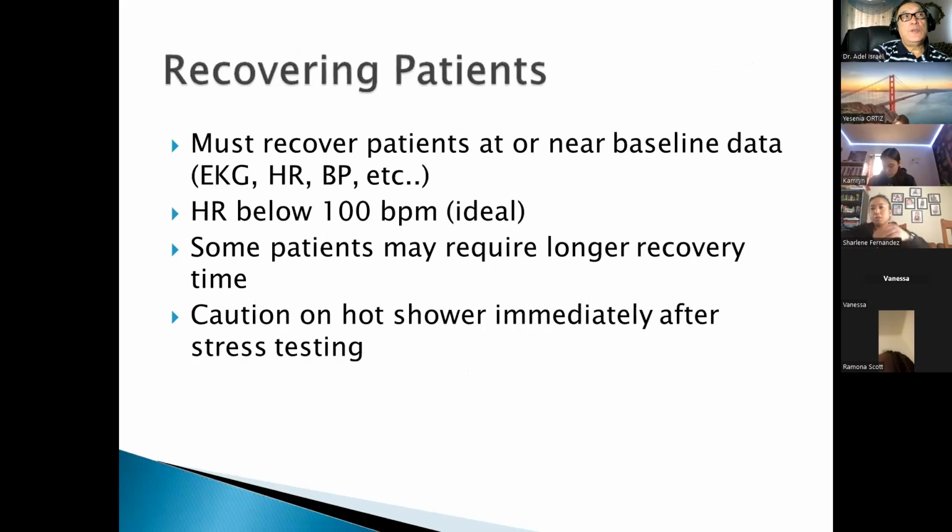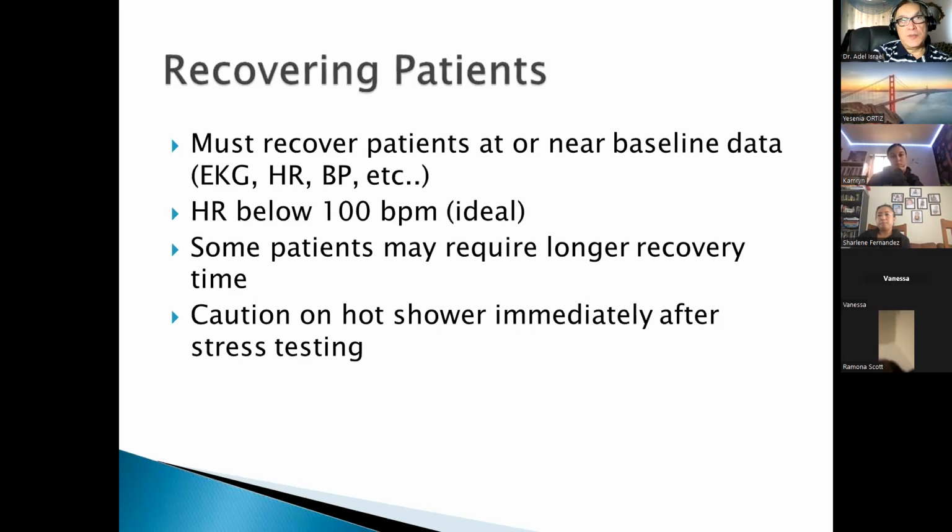Then we go to the recovery. As we know, we already evaluated the patient's condition before the stress test, so we have to restore everything back. Like, if I know that before the test the patient's heart rate is 75, I have to keep monitoring until the pulse comes back to 75. And so on.